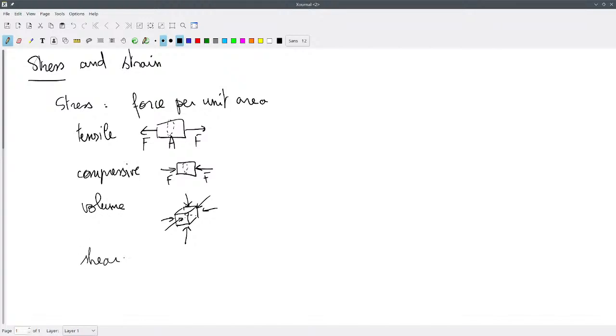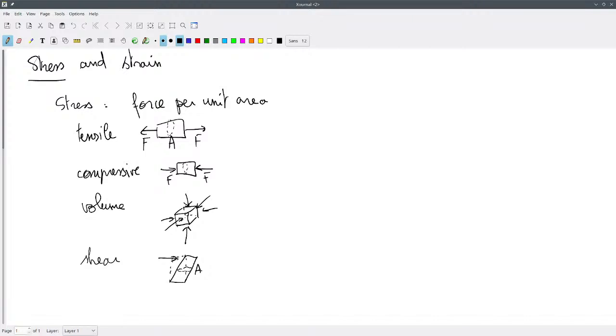That's the shear stress. That's if we have an object that deforms from its original shape because of some force that is applied in the opposite direction as where we measure the cross-sectional area. The textbook uses as the example a bookcase.